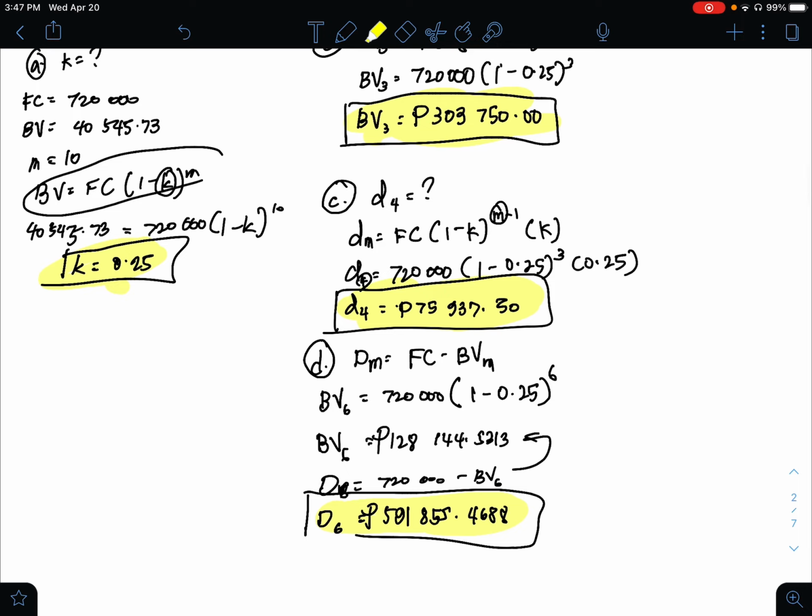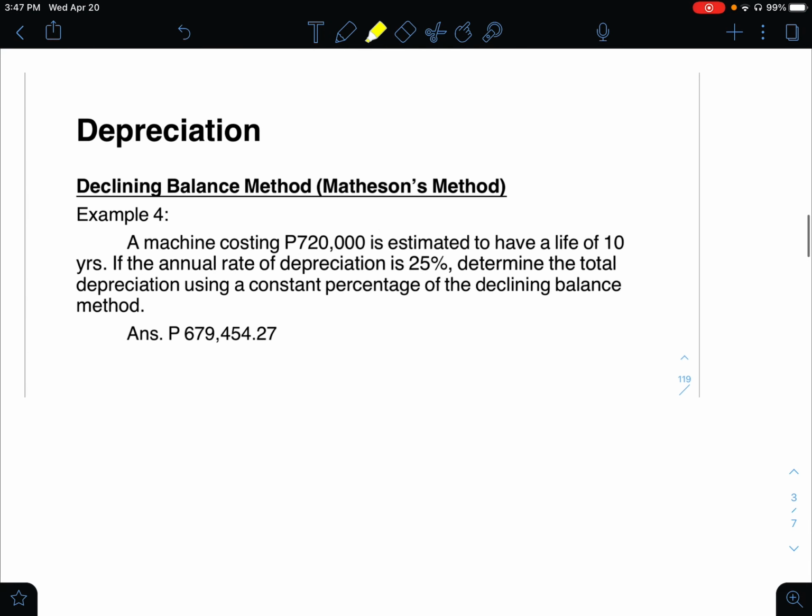Okay, let's proceed with example number 2. A machine costing 720,000 is estimated to have a life of 10 years. So, another machine of 720,000 with a life of 10 years. If the annual rate of depreciation is 25%, then our first cost is 720,000.